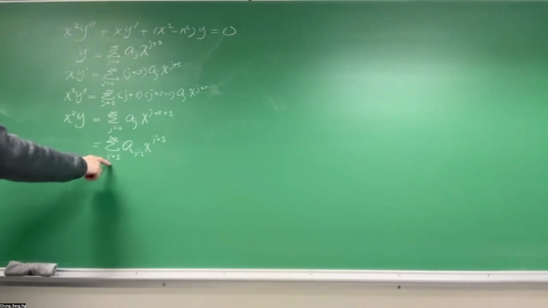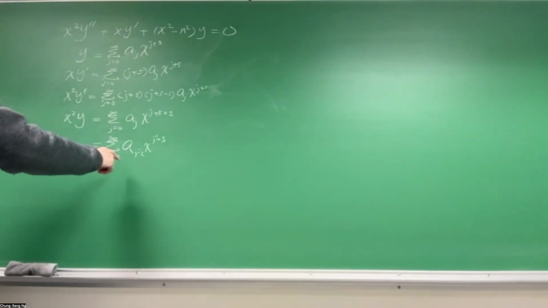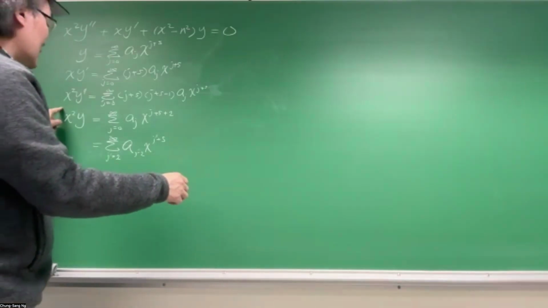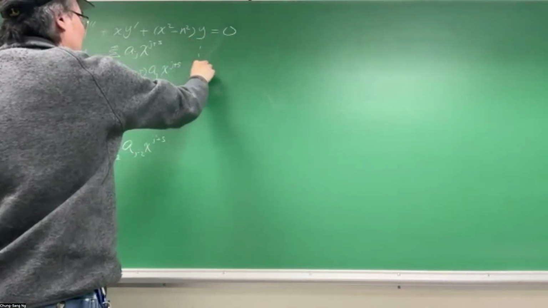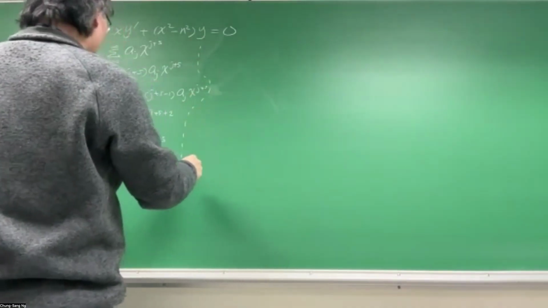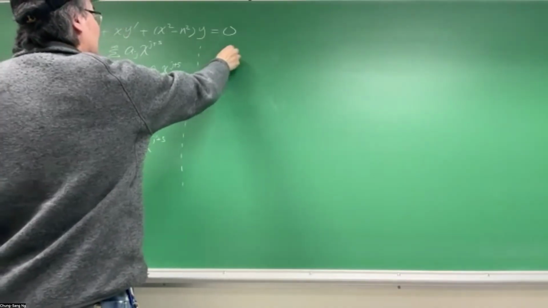Only start from 2, then you have all 4 terms. So you probably need to write out the 0 and 1 term separately. Okay, and what we can do is write the summation first and then write the 0 and 1 term separately.